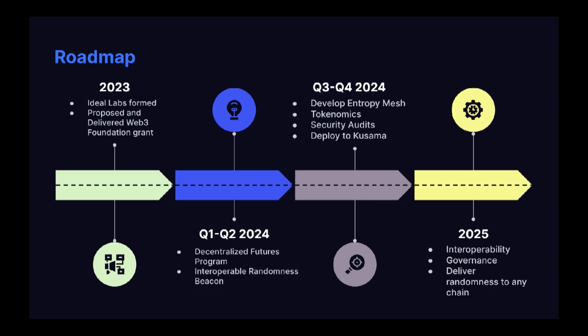Realistically, any parachain could take this post-finality gadget, make some changes to their client, and actually generate their own verifiable randomness. Along with this, in the next quarter, we plan to continue this development to further develop and enhance our entropy mesh idea.